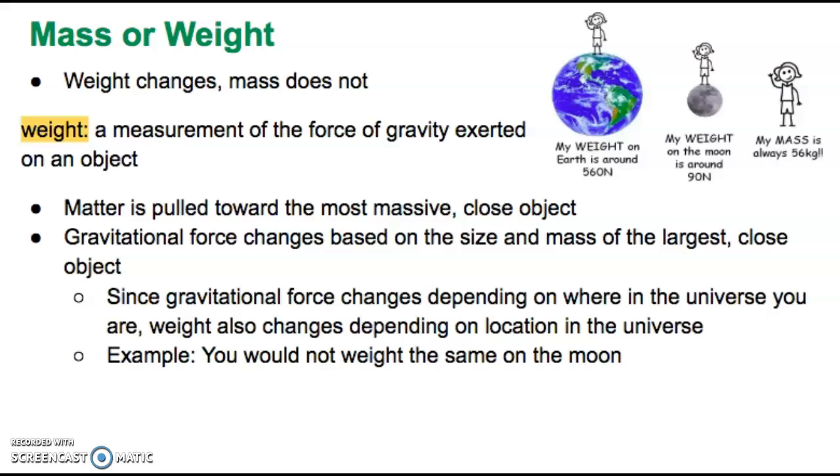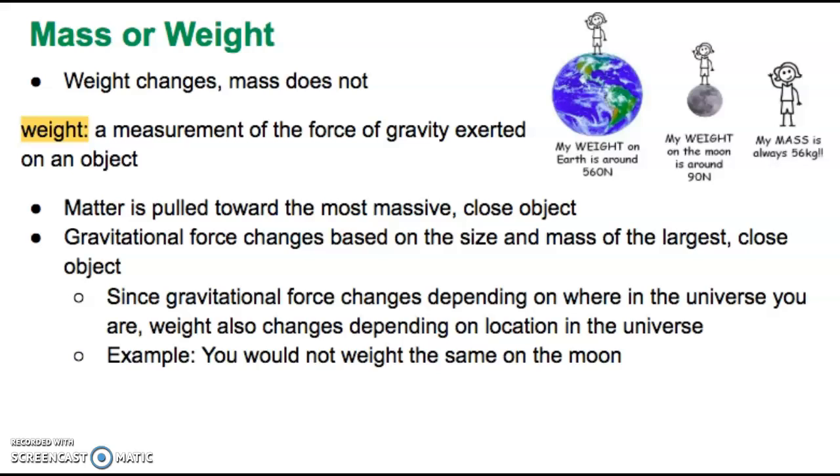Now, if we zoom way out on this picture, and instead of looking at us and the tennis ball in our living rooms, if we start to think about the earth in the context of our solar system, now we're dealing with all really big objects, right? All of the planets, the asteroids, the moons, they're huge. And so when we zoom out to that focus, now the biggest, closest object holding all those things together is the sun.